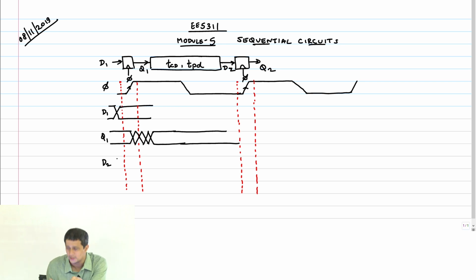D2, what happens to D2? It starts changing after some contamination delay and then settles after the propagation delay again. So if you look at this, remember this change can happen right here. Let me draw this more or less to scale.